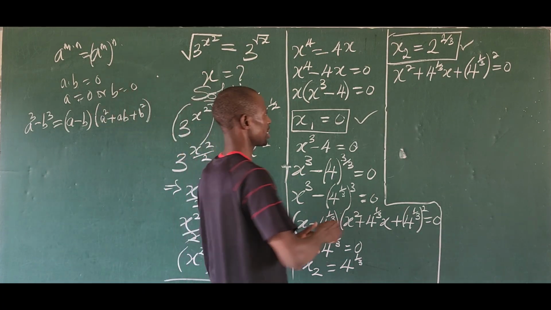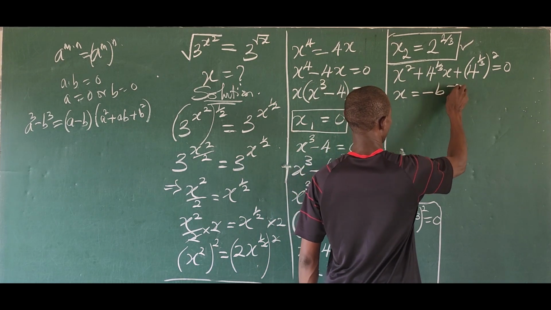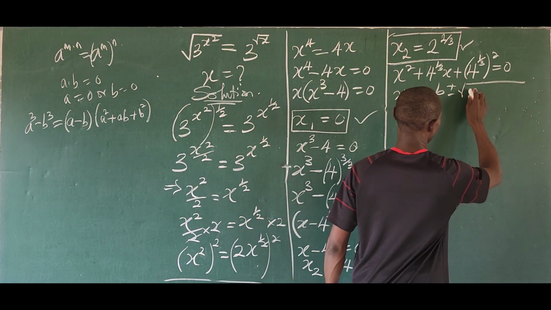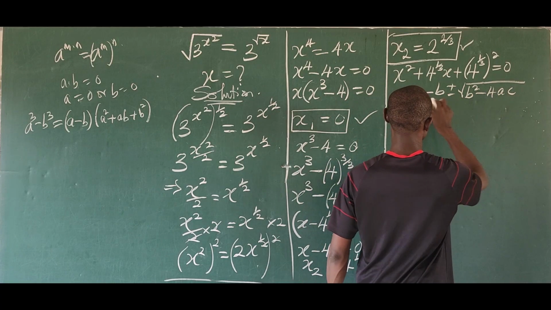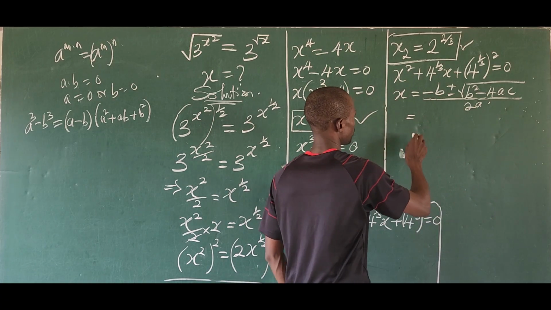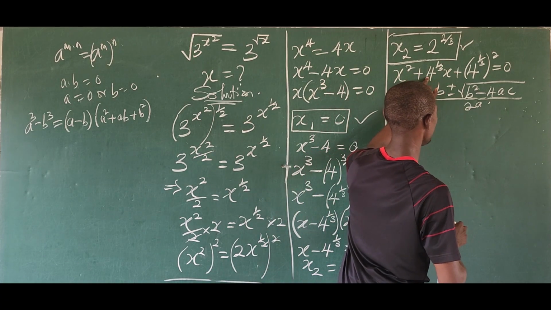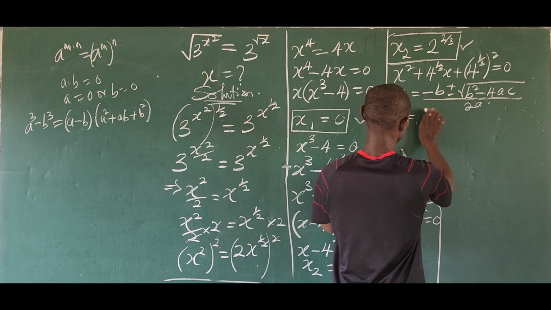It is pretty easy. So our formula says x equals minus b plus or minus the square root of b squared minus 4ac, all over 2a. Substituting, what is our b? Our b is this. So we have a minus here.